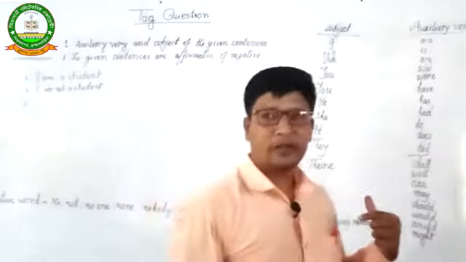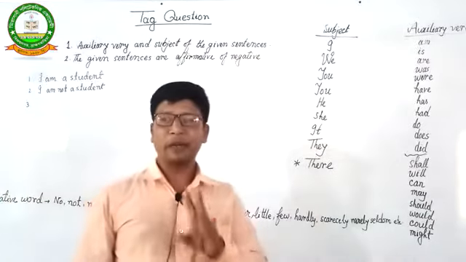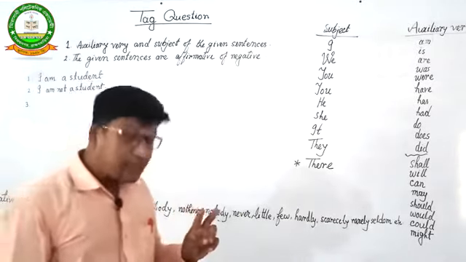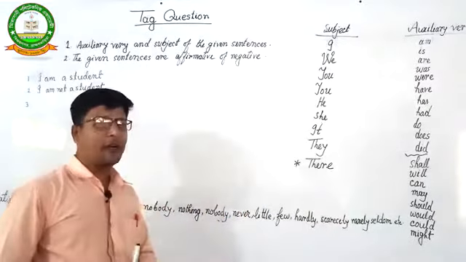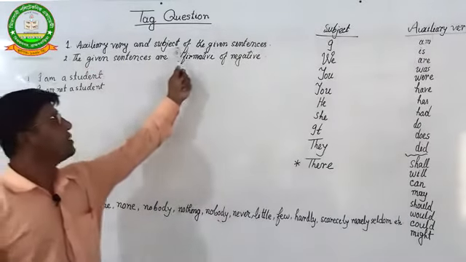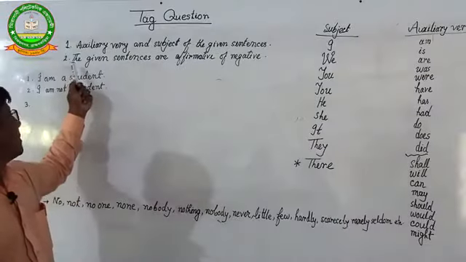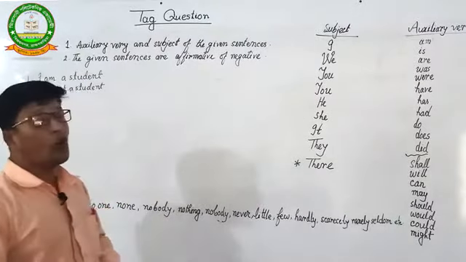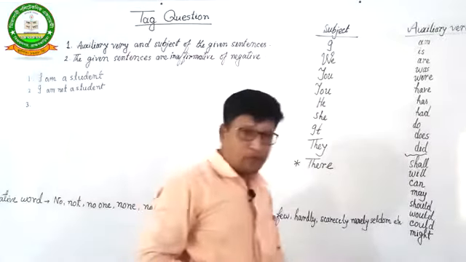If we want to make a tag question, we have to remember only three things. Most important are two things. First, we have to identify the auxiliary verb and subject of the given sentence. Second, whether the given sentence is affirmative or negative.